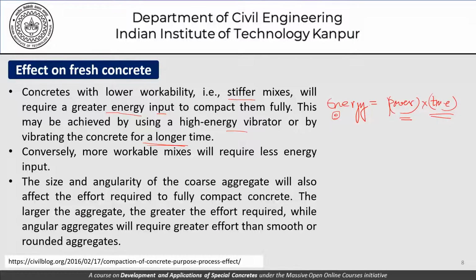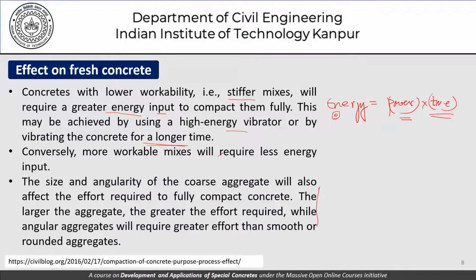The size and angularity of coarse aggregates will also affect the effort required to fully compact the concrete. The larger the aggregate, the greater effort is required, while angular aggregates will also require greater effort than smooth or rounded aggregates.